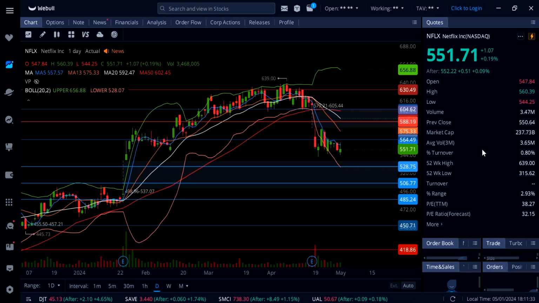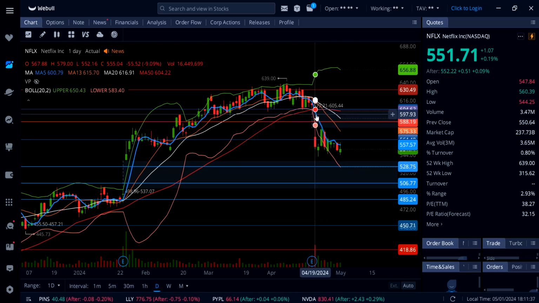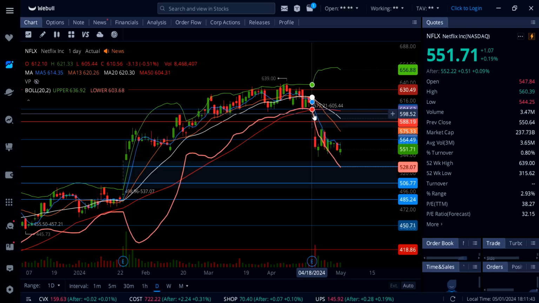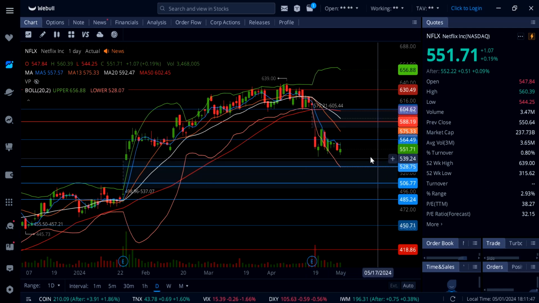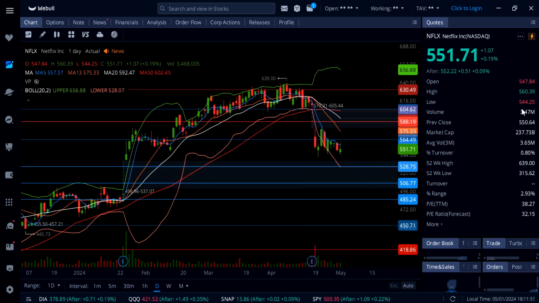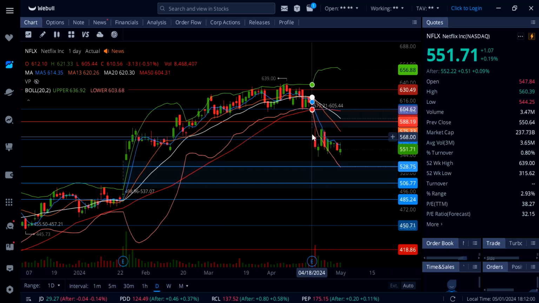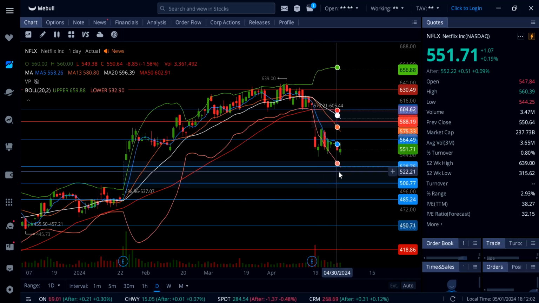So Netflix is staying flat on the day, and if you look at my screen, it was trying to go up to this 5-day moving average right here, 557 to 558, got up to 560, and another rejection came back and now is holding 550 as a support, and as a matter of fact came down to 544 today. So now on Netflix, guys, until this thing breaks and holds 564, there's a clear path right here down to 528, and now lower Bollinger Band is pointing down to also down here.